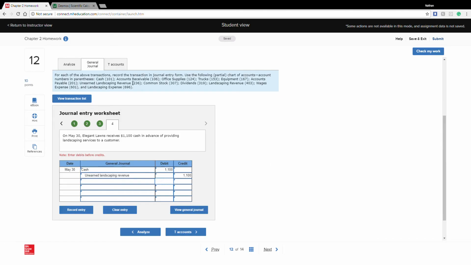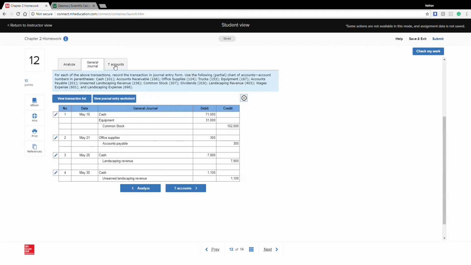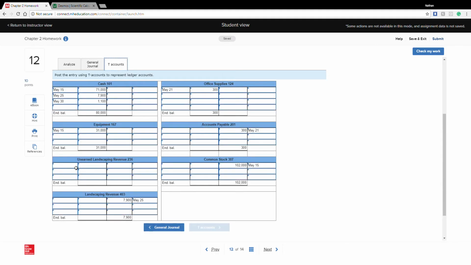So again, T accounts, we'll have cash on the 30th, of the 1100. Yep. And then unearned on the 30th of 1100.